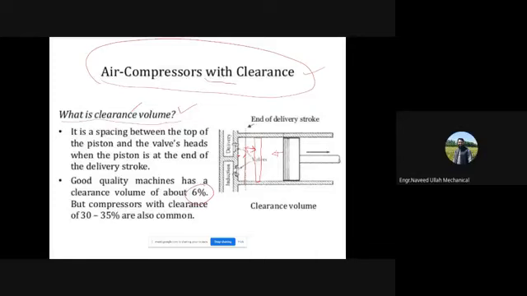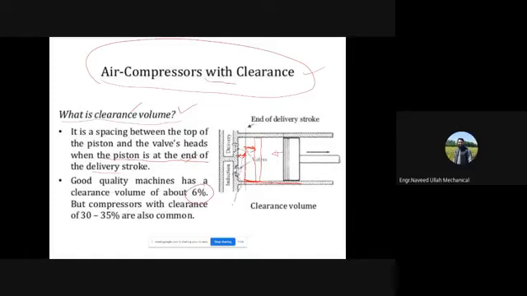So now at this position, when the piston is at the end of the delivery stroke, ये delivery stroke है ना, यहाँ से ये delivery start हो जाता है ना, you remember, right? Because this is induction, compression, and from here delivery starts. This is delivery stroke. So not at the start of the delivery, but at the end of the delivery stroke. So the distance between this is the space between the piston head and here the valve's head, okay, at the top of the piston and the valve heads, इसको हम कहते हैं clearance volume.